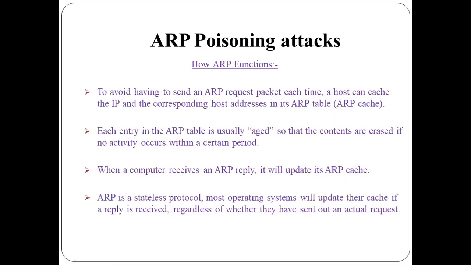How ARP works: it is related to the cache and the table. Sometimes we will have entries already defined. आप चाहो तो कमांड टाइप करके देखोगे arp space hyphen small a, then you will get the different IP addresses and MAC addresses of the devices. तो जो already stated है उसको वो static बोलेगा, और जो बाद में आप ऐड करना चाहते हैं that will be the dynamic entry of the ARP table.